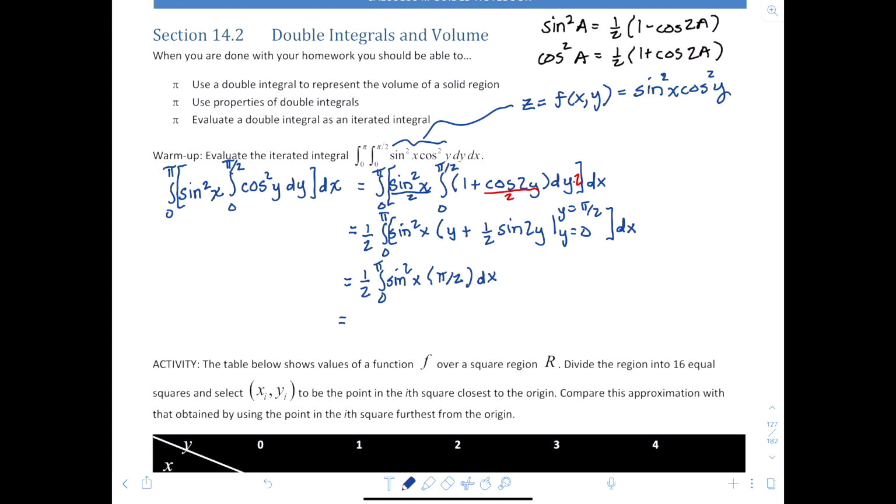factoring out the pi over 2, I'll have pi over 4 times 1/2. I'm going to do that identity. So we'll be going from 0 to pi, and when I do that identity, I'll have 1 minus cosine at 2x with respect to x.